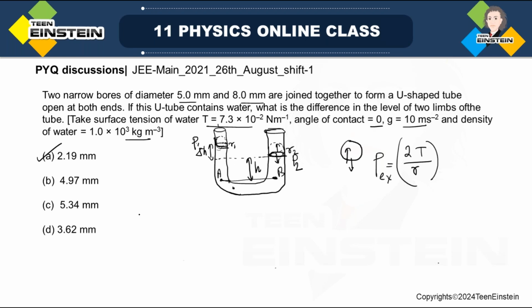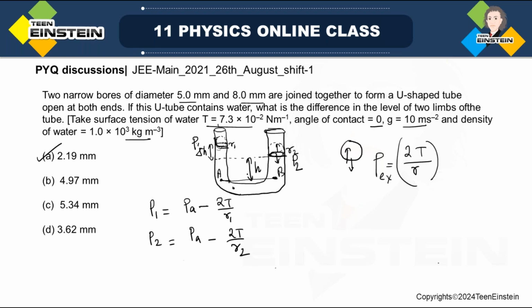What is P1? I can write P1 is equal to the atmospheric pressure that is acting downward, minus the excess pressure 2T divided by R1. Similarly P2 will be P atmosphere minus 2T by R2.